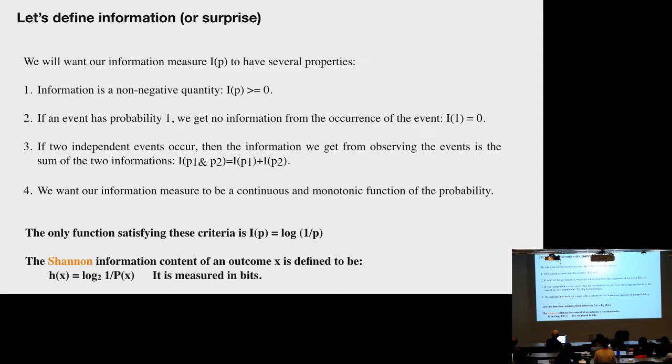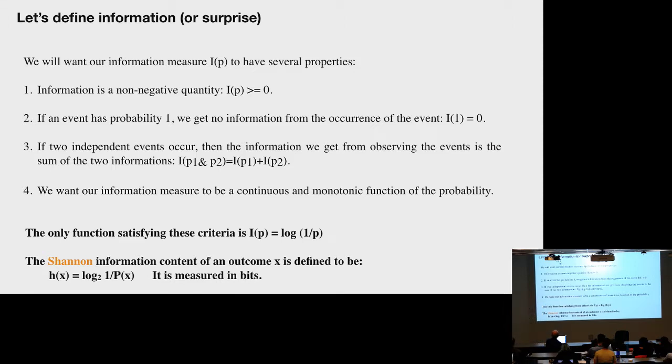If we use log in base 2, then our information content is going to be in bits. If we use a natural logarithm, does anyone know the unit of the information? It's called the nat, N-A-T.